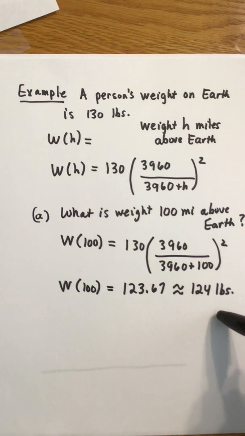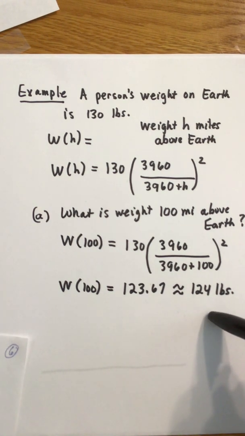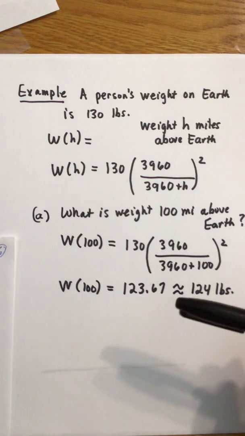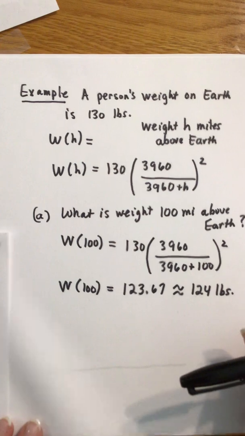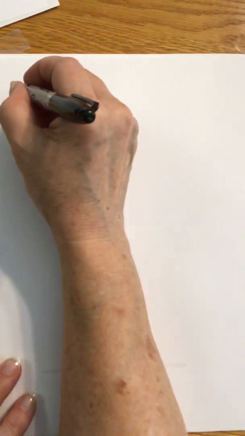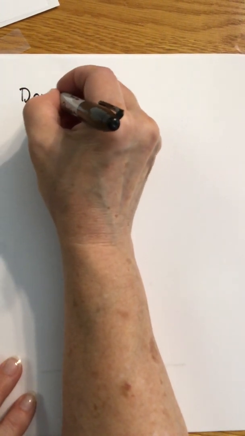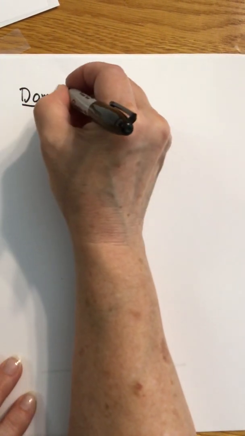So functions can be in different forms. So we're going to look at a couple more examples of domain. So we talked about a minute ago, domain was the input.